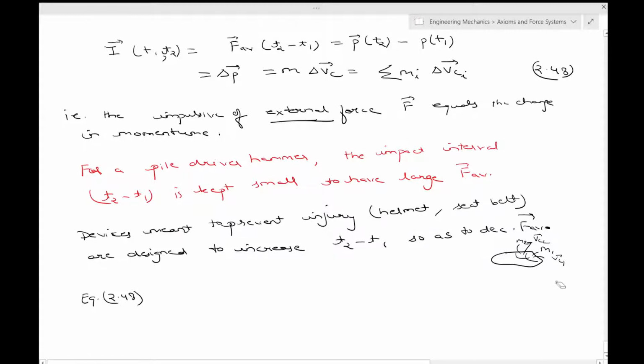So you can just add up all of them. Okay, that's how the index notation has been used over here.